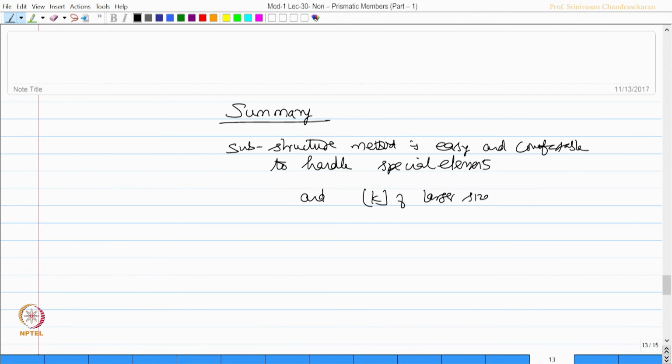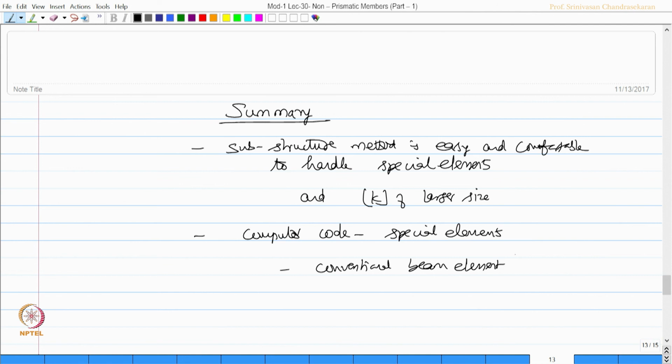We have also seen the computer code used for solving problems with special elements. We have not modified the method, we have used the conventional beam element to solve this. That is the beauty of the whole experiment.